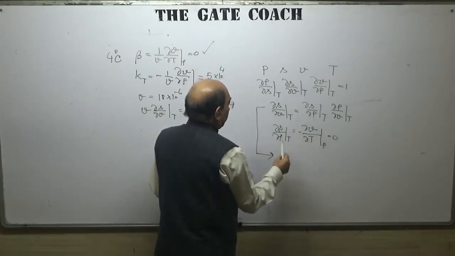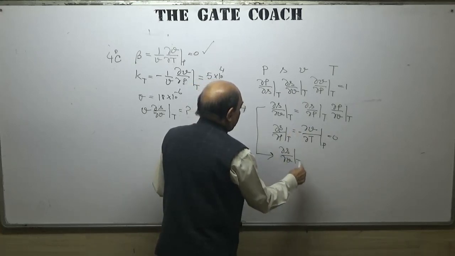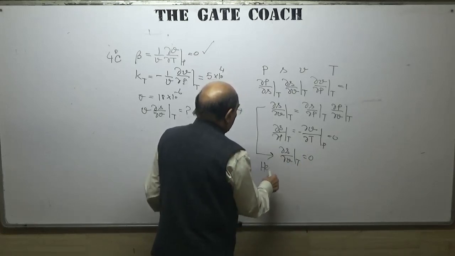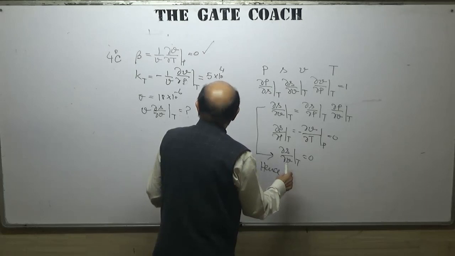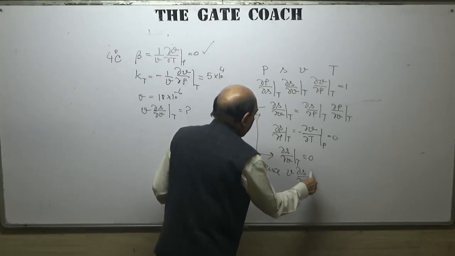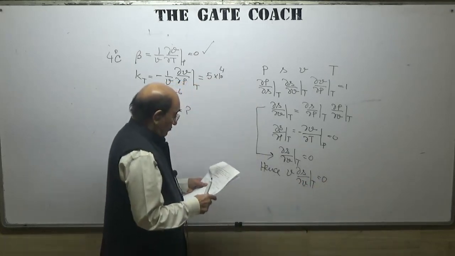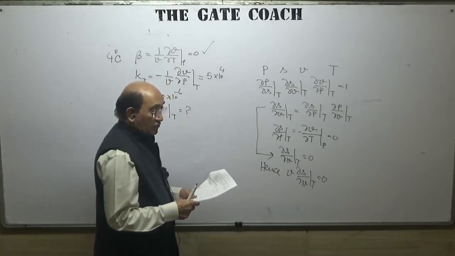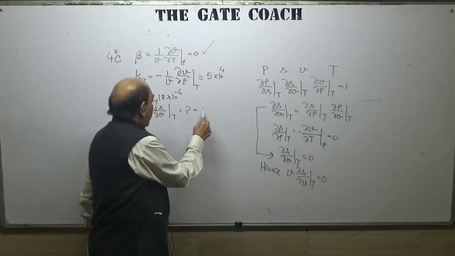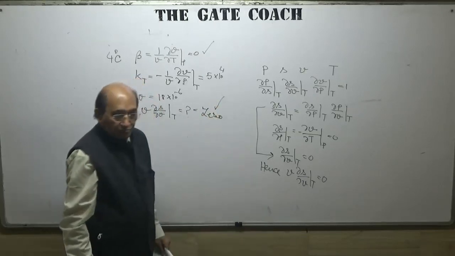When this term is 0, del S by del V at constant temperature becomes 0. And hence V del S by del V at constant temperature becomes 0. So the answer for the required term becomes 0.